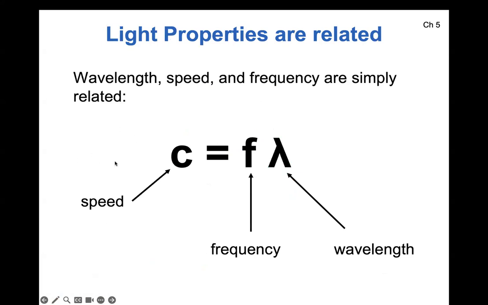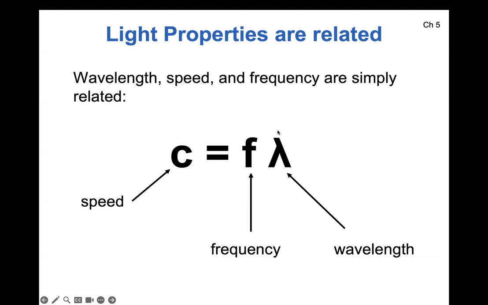Okay, so here is the key formula that relates velocity, or speed, wave speed, to frequency, wave frequency, and wavelength. And there's that lambda again, okay? Just not like an italic version of it. All right, so this is a key formula for understanding light.